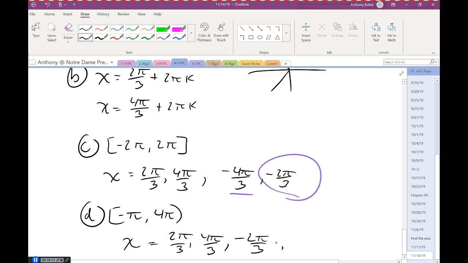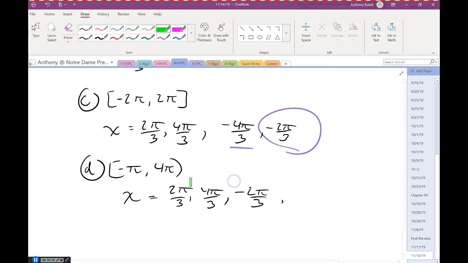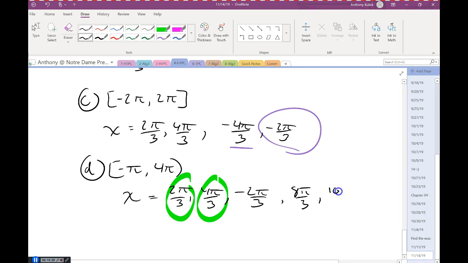And then I just need the things that are between 2 pi and 4 pi. Well, I can find those by just finding angles coterminal to my answers from part A that are bigger. So I can just add 2 pi to each of those. And that should be my solution set for D.